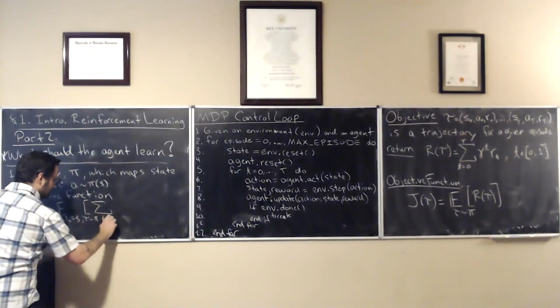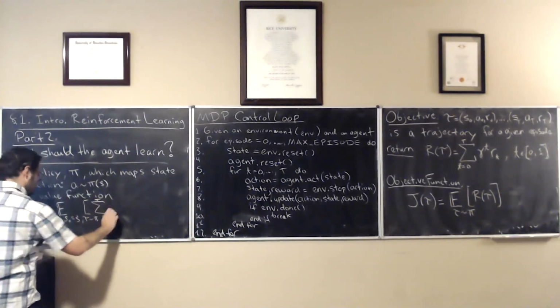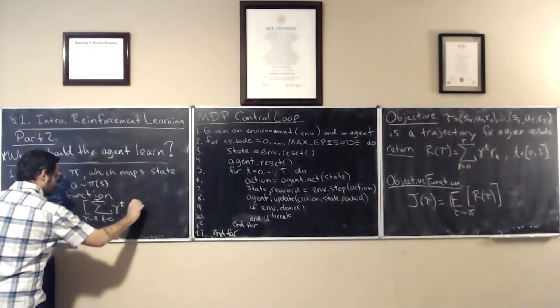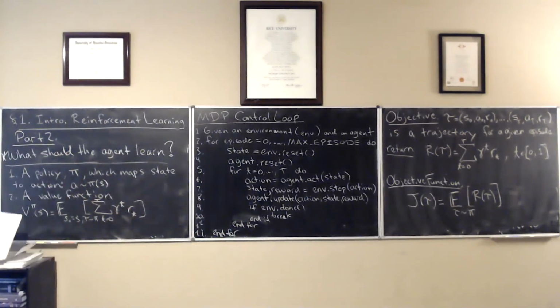This again, t equals 0 to capital T, gamma to the t, and then reward at t. So this is how good or how bad your current state is on average.